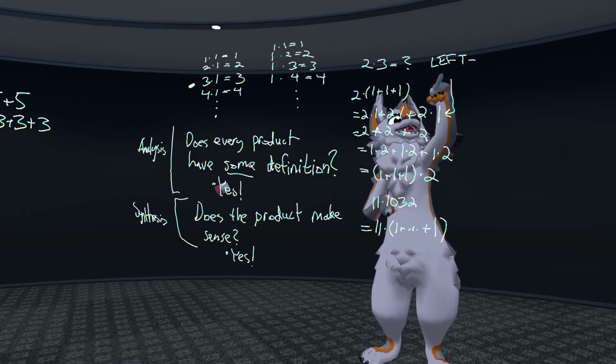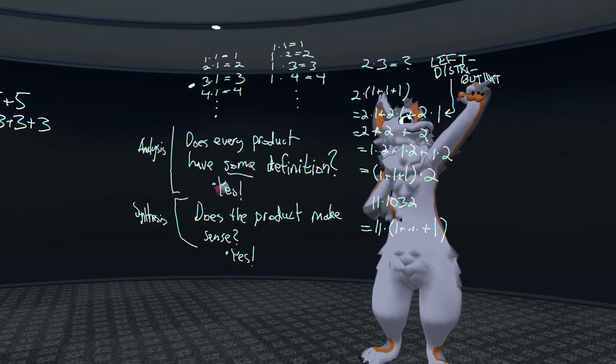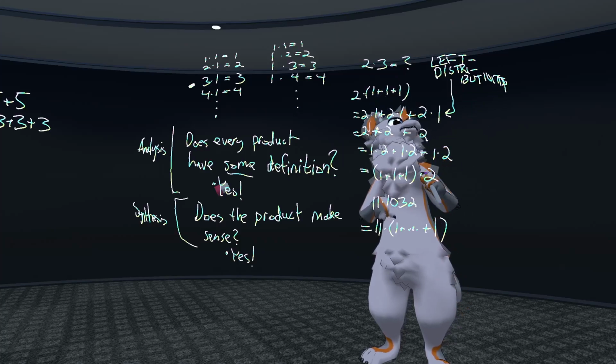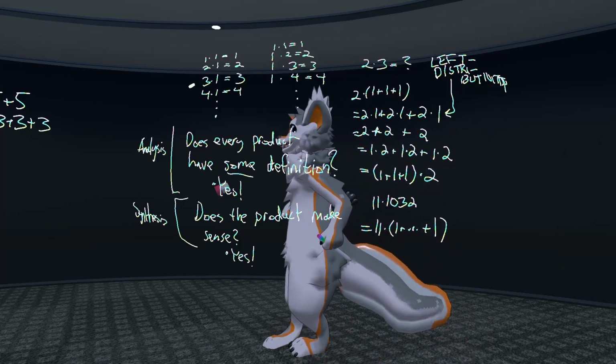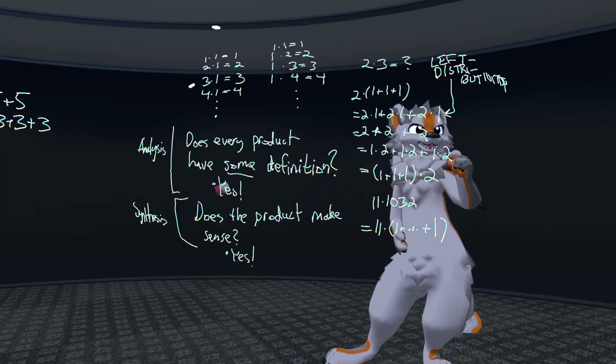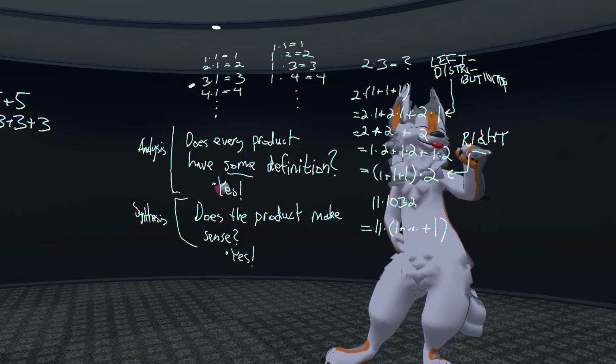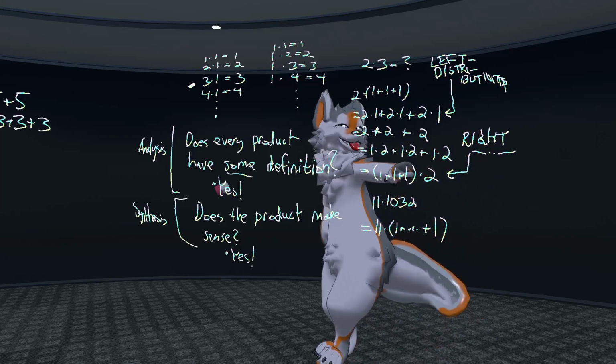So this is called left distributivity. While this right here is called right distributivity. I'm not going to write distributivity again, but you get the idea. Right distributivity here.